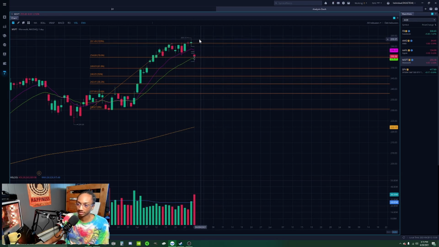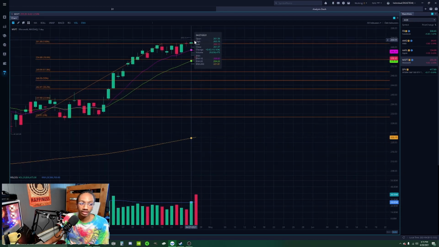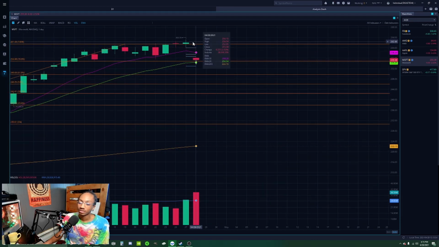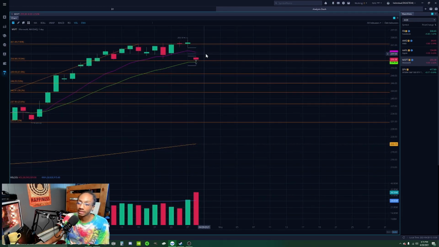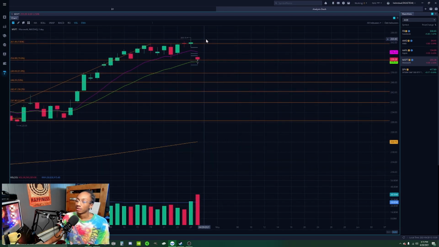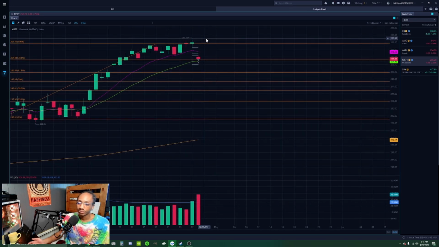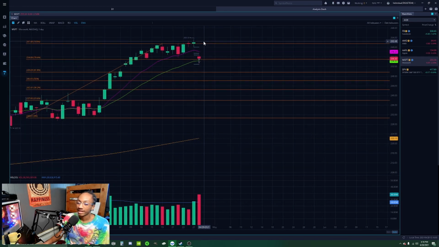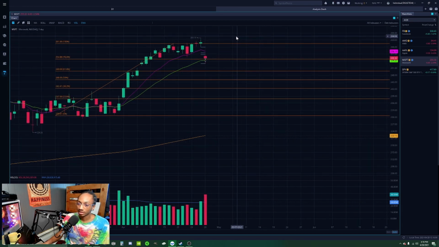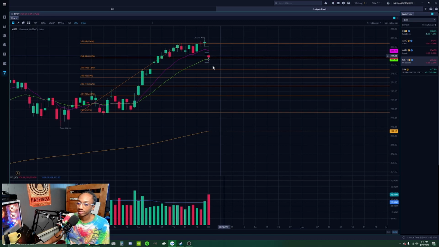There's a resistance, and you could tell by these candlesticks up here, the dojis, showing that the momentum is weakening and it's struggling to keep pushing upwards or find a direction. That made me decide to start looking on the downside and wait for a pullback, especially after this big move upwards.